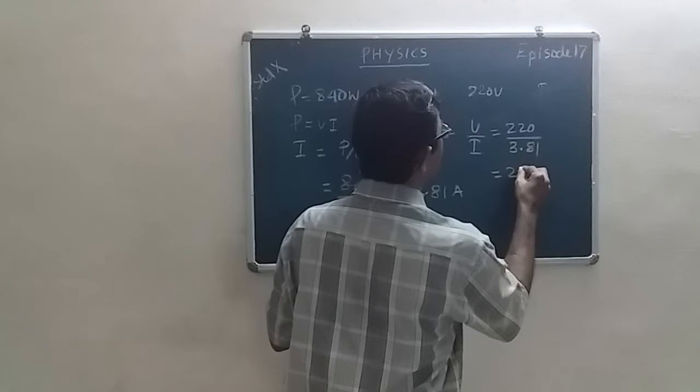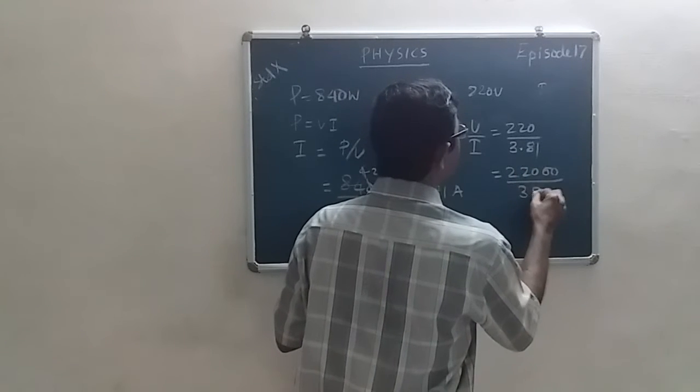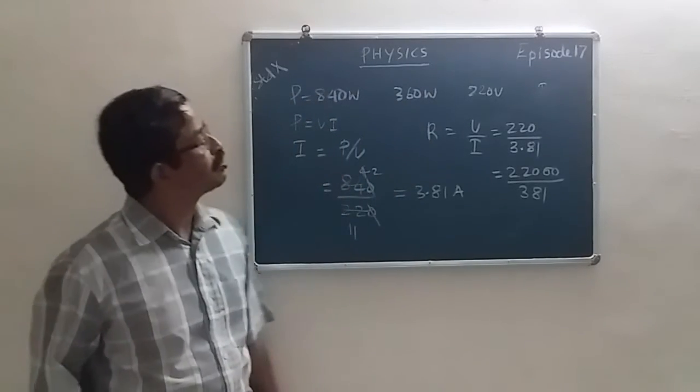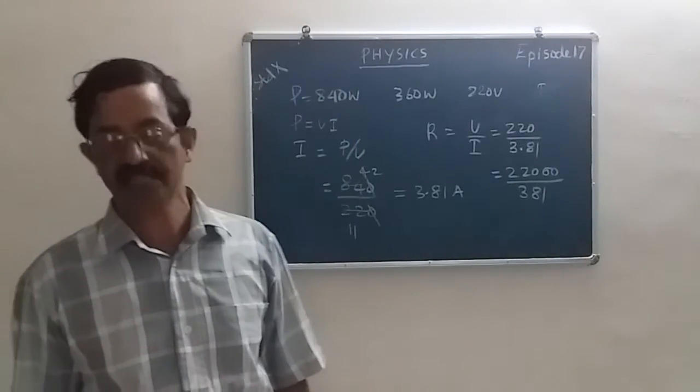Removing 2 decimals, 220 with 2 more zeros becomes 22,000 divided by 381.